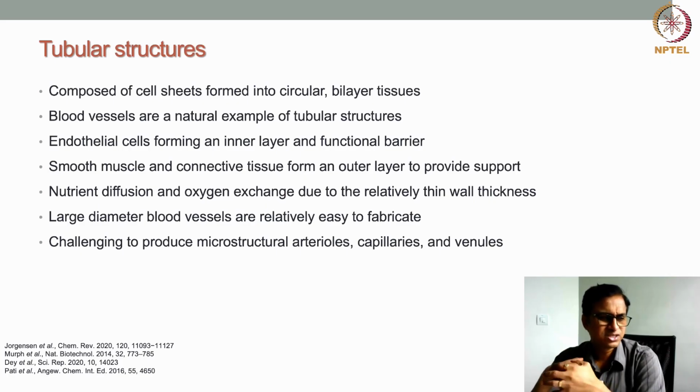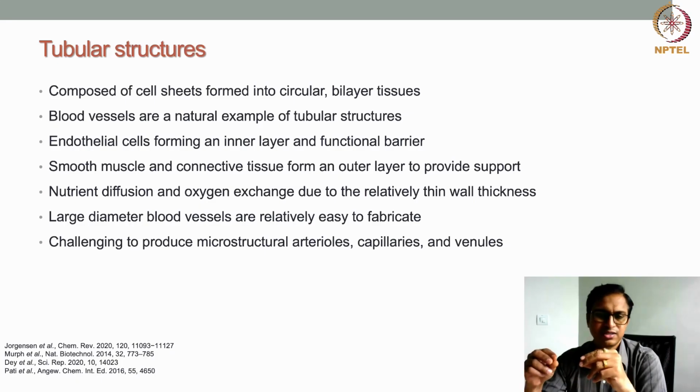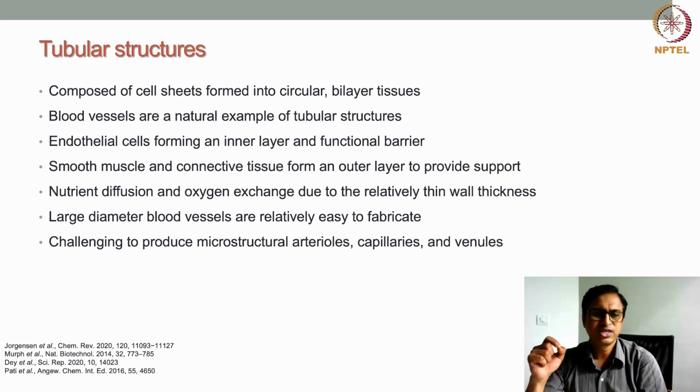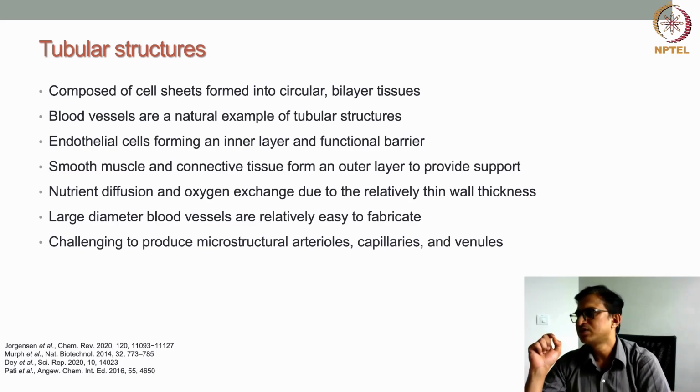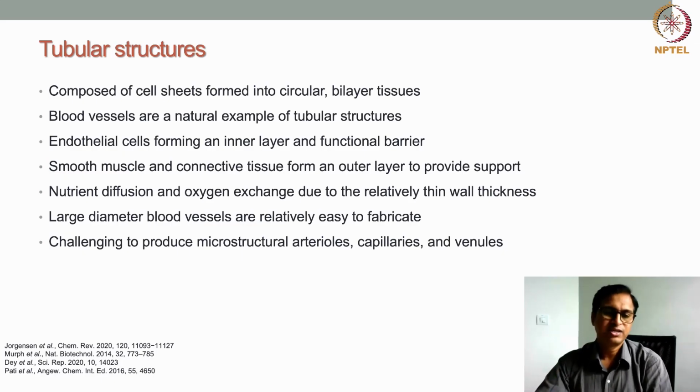Most researchers are now targeting to bioprint those small blood vessels, because they are very important and work at the tissue level, supplying blood to deeper tissues where it is very much required. So these are the challenges, and the current focus is to fabricate these kinds of structures with bioprinting.